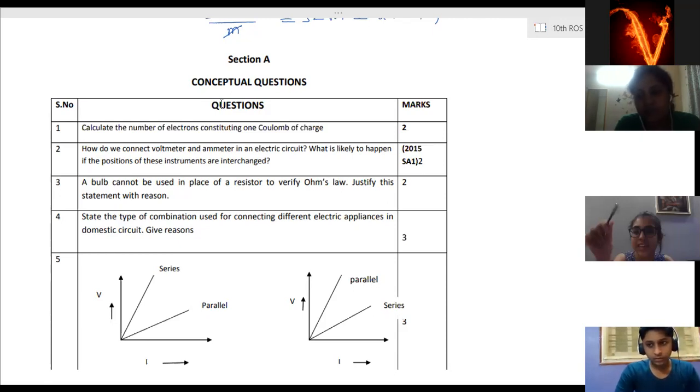So solve. Charge is 1 coulomb. And you have to calculate what is e value. 1 by 1.6 into 10 to the power minus 19. What's the answer?